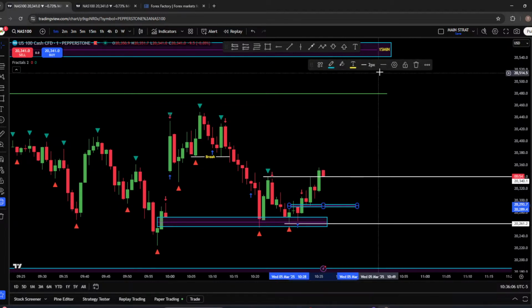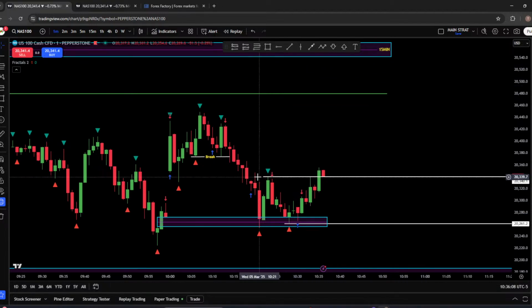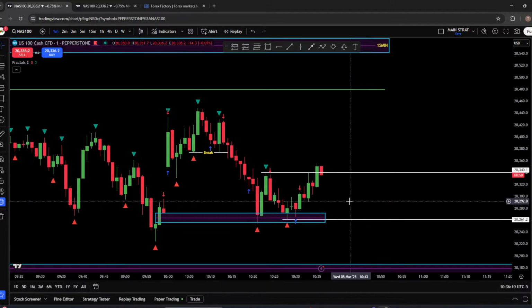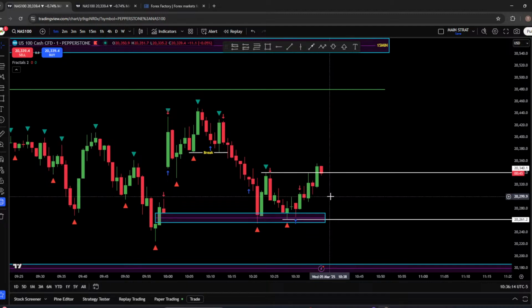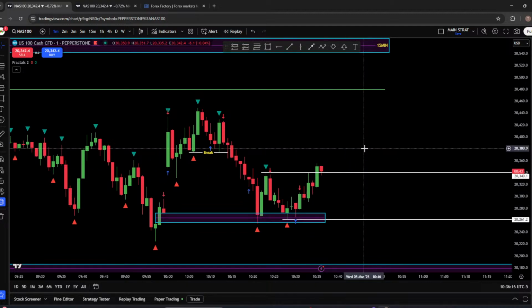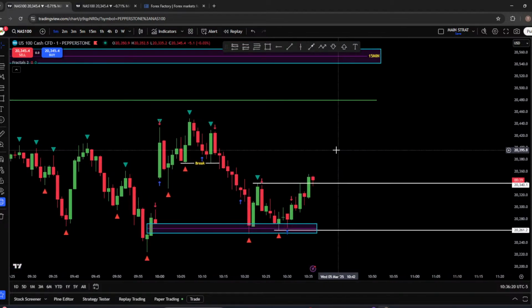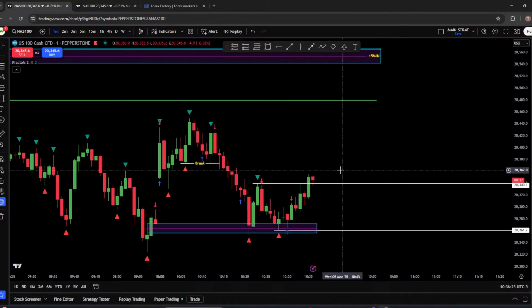All right, we had a good clean close of that. Very nice. We could be looking for it to go up, come back down, and then we'll start looking for longs.